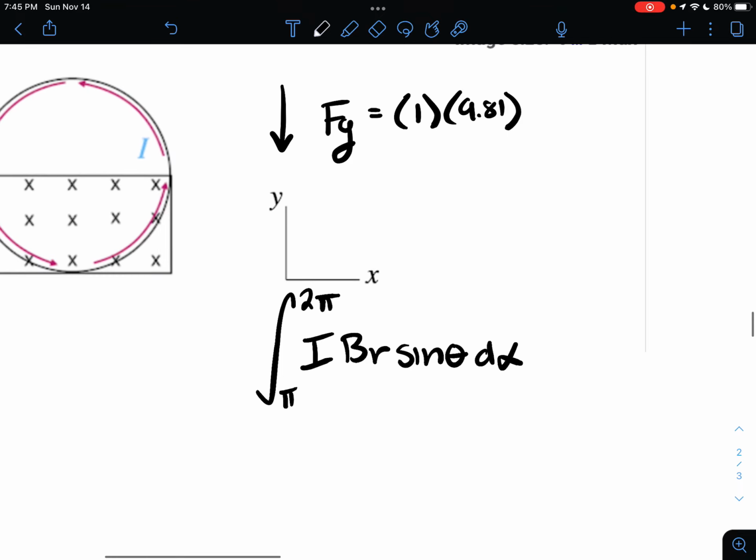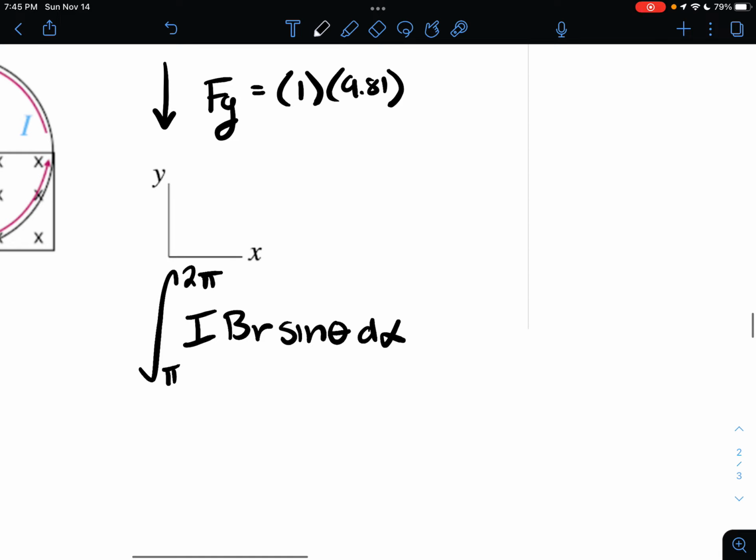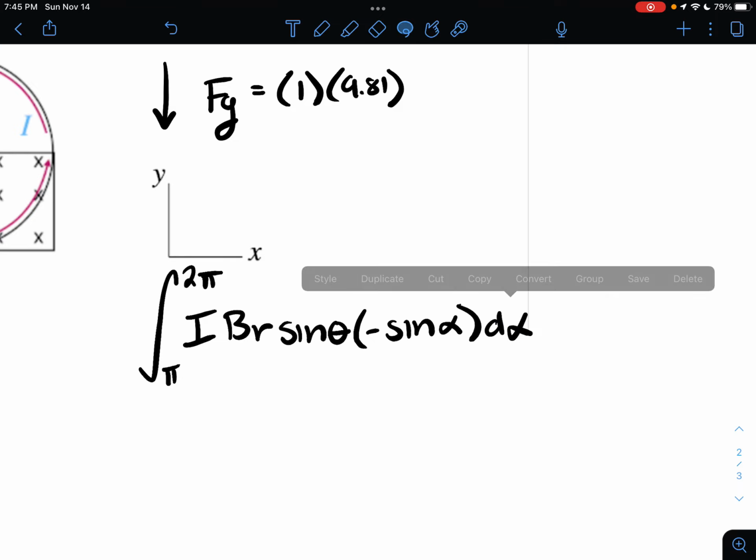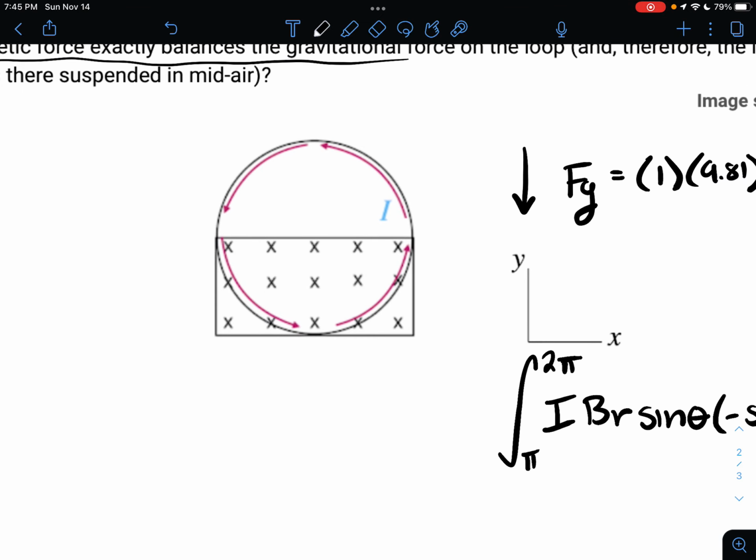But we also have to multiply, because this is only going to give us magnitude, by something that gives us the direction. What's going to give us the direction is negative sine of alpha. Because as we go around, if it's here, here's our alpha.